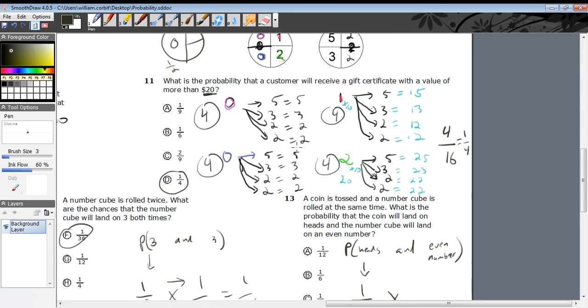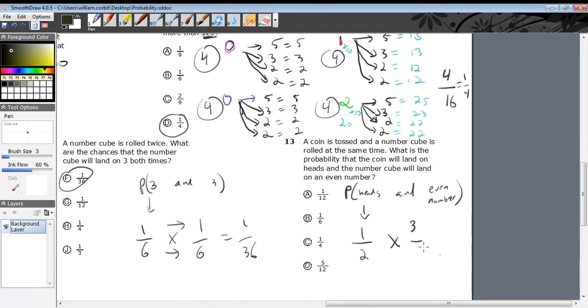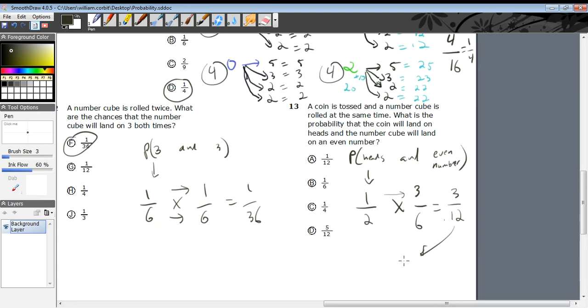That's 3 total possibilities out of 6. Multiply straight across. 1 times 3 is 3. 2 times 6 is 12. And this fraction here can be simplified to 1/4 if you divide both the numerator and denominator by 3. So the answer is C, 1/4.